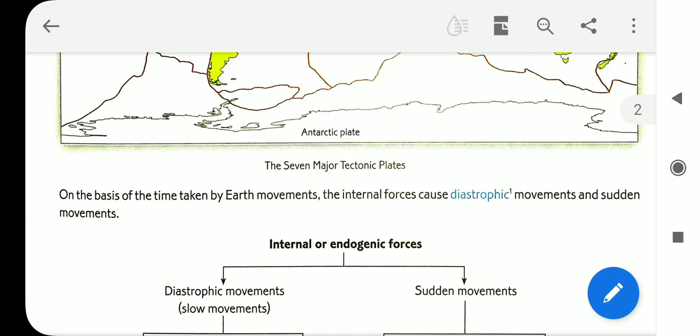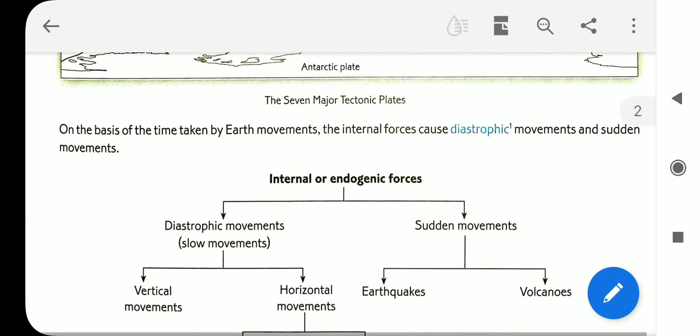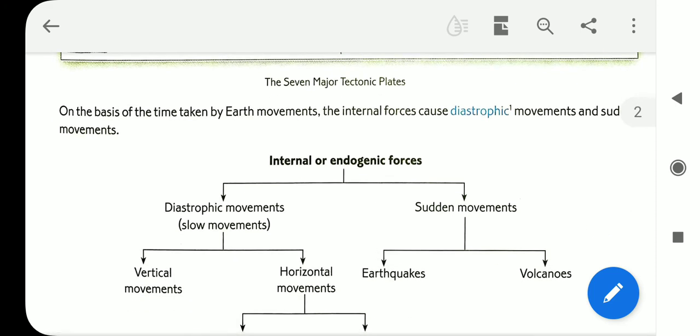Among the internal or endogenic forces, there are diastrophic movements, the slow movements, and sudden movements. Diastrophic movement happens in a slow manner, compressing and expanding. The sudden movements are the earthquakes and the volcanoes. The diastrophic movements are vertical movements and horizontal movements.